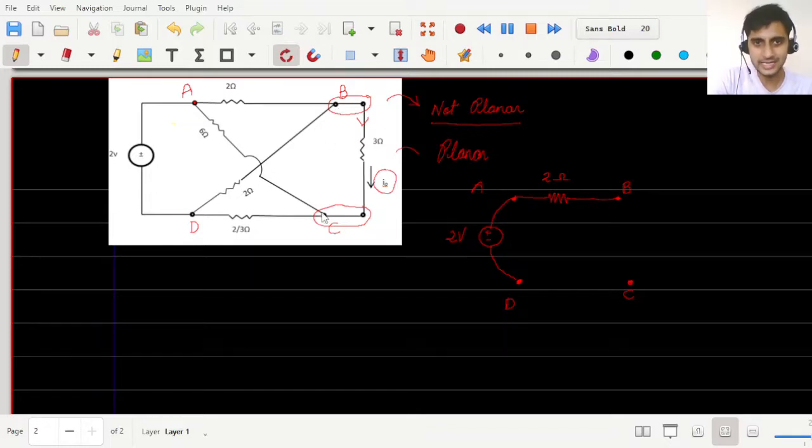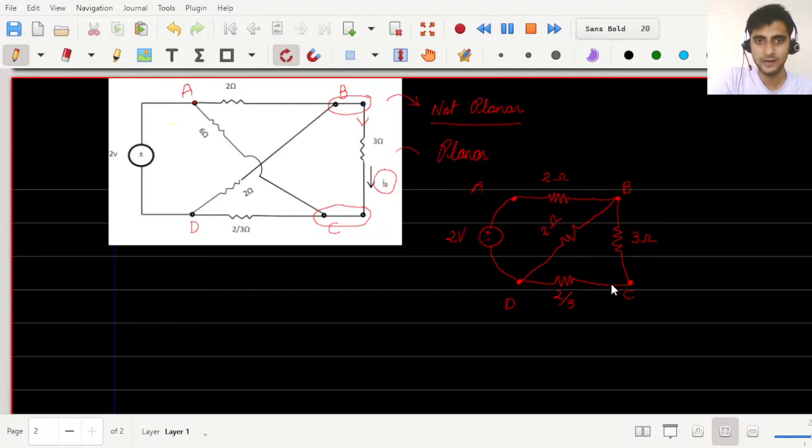Between B and C, I have a 3 ohm resistance. Between B and D, I have a 2 ohm resistance. Between C and D, there is a resistance of value 2 by 3.